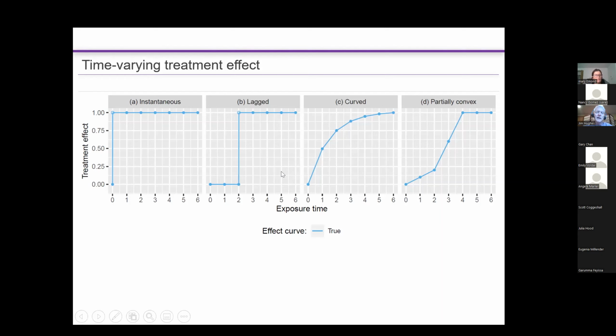The logical thing is, it ought to estimate some sort of weighted average. Let's say I've got 4 time points when it's completely effective, 2 time points when there's no effect. So maybe the average would be around 2/3 or something like that. That's what we would expect and hope that the treatment effect estimator would be doing.